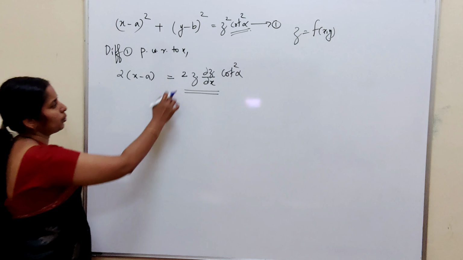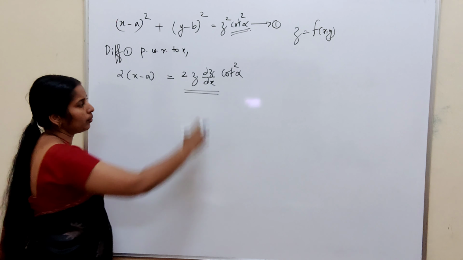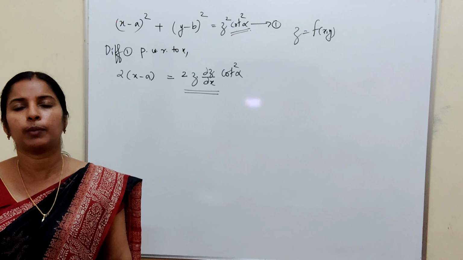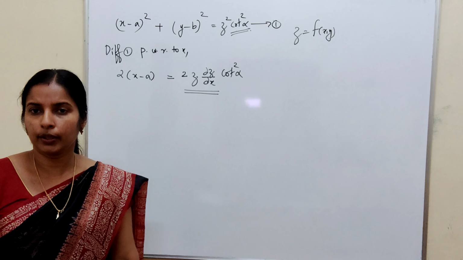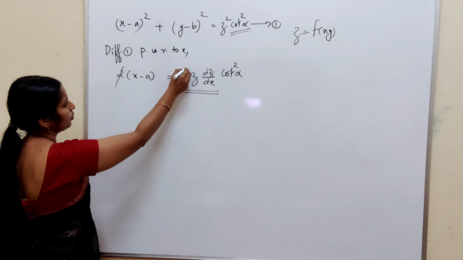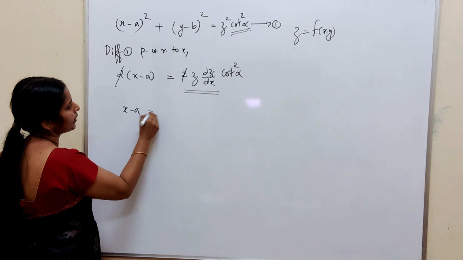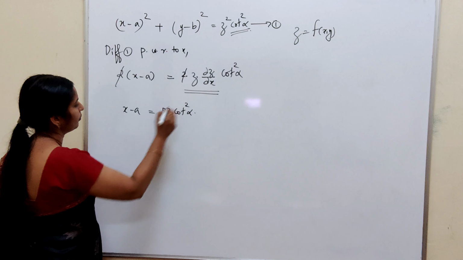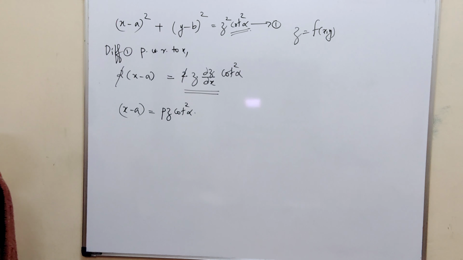So its derivative is 2z into derivative of z with respect to x, because we are differentiating partially with respect to x. So you have to multiply by dou z by dou x. What is dou z by dou x? It is our p. That is, you can remove 2. So x minus a is equal to p z cot square alpha. See, this is our x minus a.